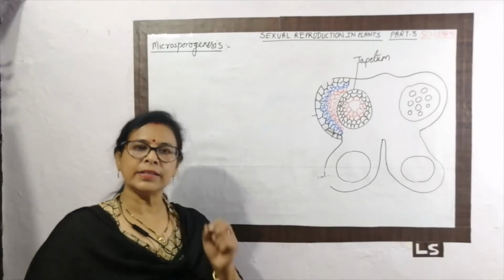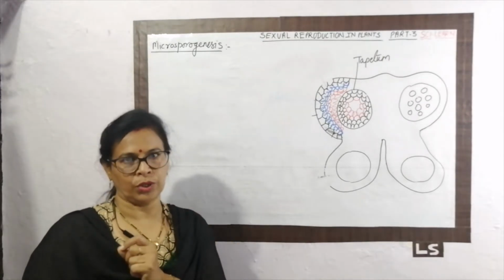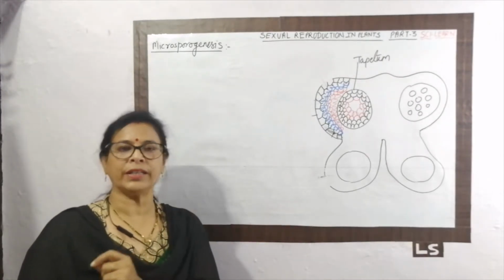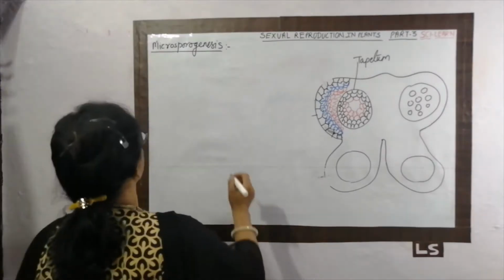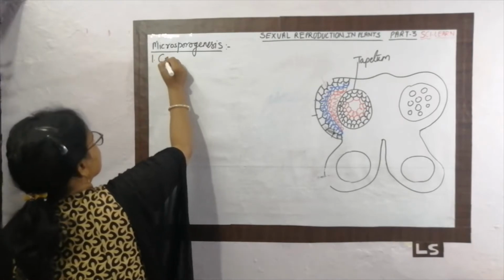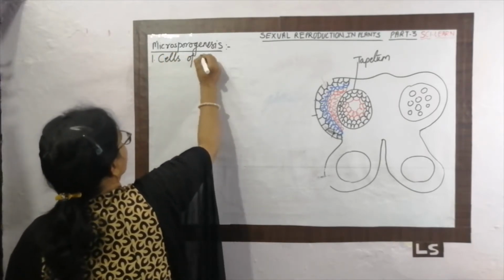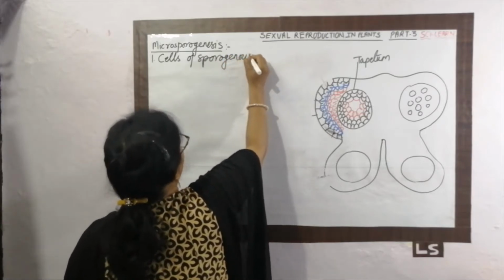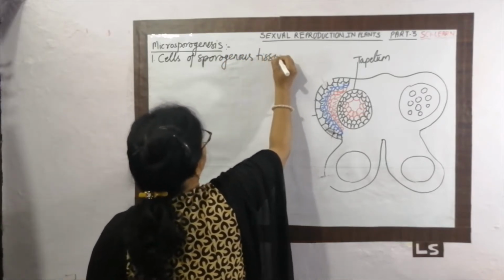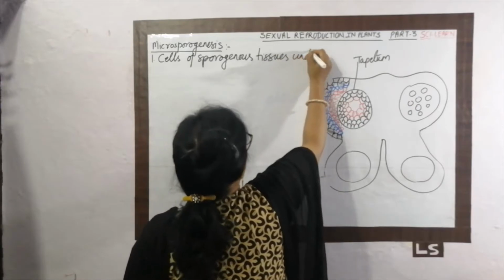The first step: the cells of the sporogenous tissue undergo meiotic division to form the microspore tetrad.